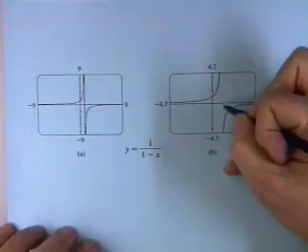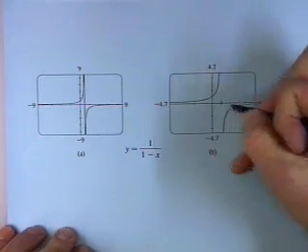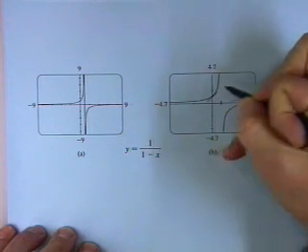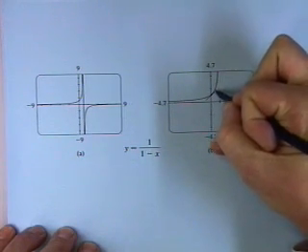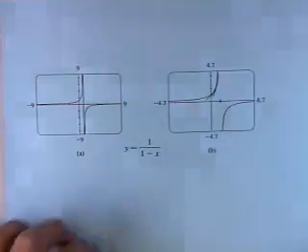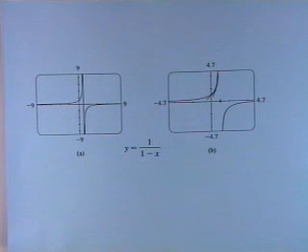As we get closer and closer to this bad value of 1, maybe we're right here, we want to talk about the slope of the tangent, or right here, the slope of the tangent, or right here, the slope of the tangent. What's happening to those tangent lines? They're getting more and more vertical, right? What's the slope of a vertical line? Or let me rephrase that. What happens to the slope as the line gets more and more vertical?